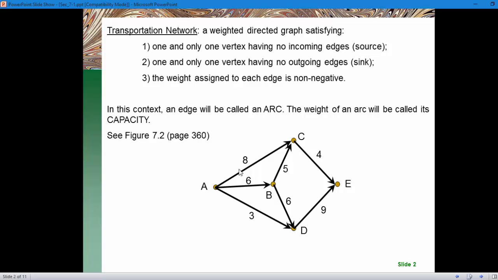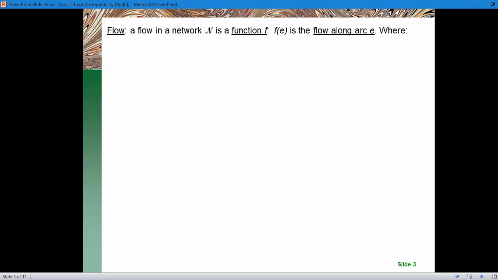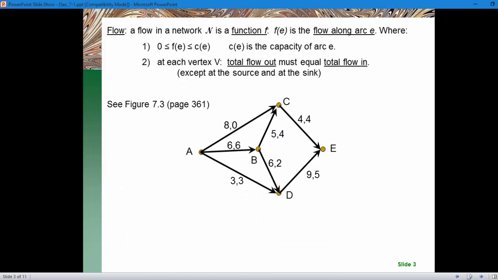In this definition, we'll call each edge an arc, and the weight of an arc will be called capacity. Now let's define flow. A flow in a transportation network is a function f of the arcs of the graph of the network. And here are two conditions.